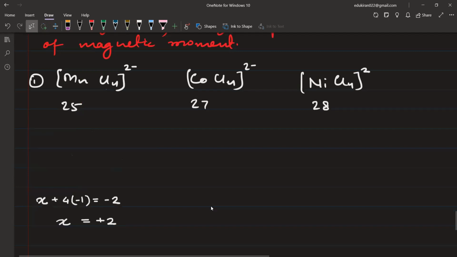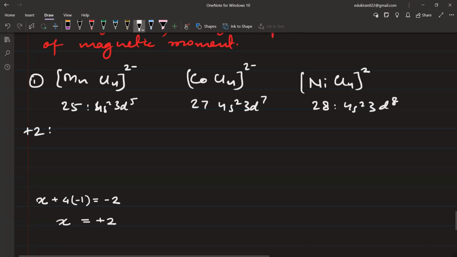Okay. Now please see. If it is +2, that means it is going to have how many electrons? All of them are in +2 oxidation state. पहले कितना था? This was 4s2 3d5. This was 4s2 3d7. This was 4s2 3d8. Correct. यहाँ पे आपके पास कितना हो गया?